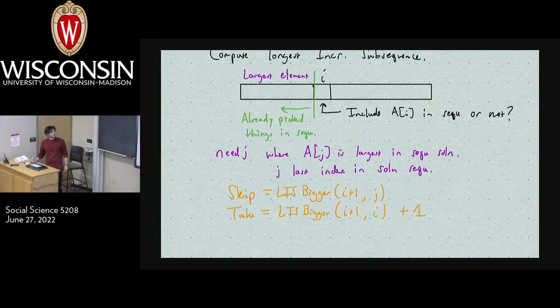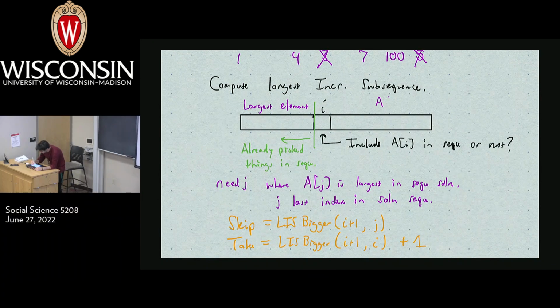Okay? And we have to decide between whether we're going to skip or take. The idea was, well, if we know that AI is less than AJ, we have no choice. We have to skip, because it has to be an increasing sequence, right? So if this was J, and it was like 8, and I was 5, we definitely can't include 5, because it'd be smaller than the previous thing.